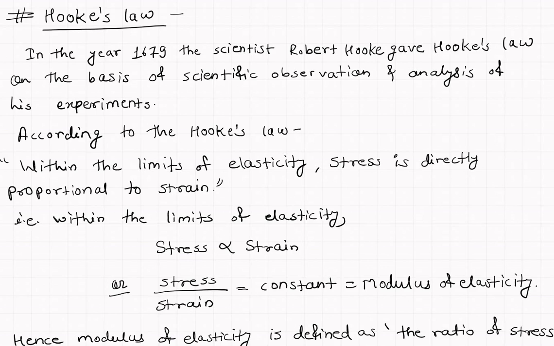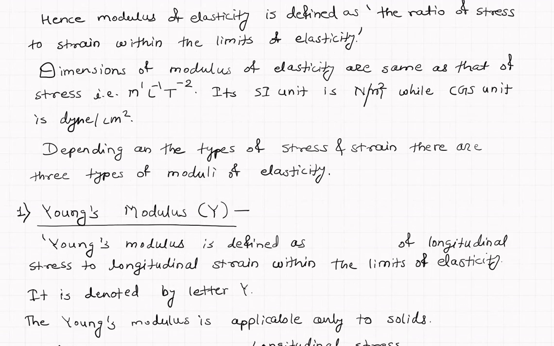According to Hooke's law, within the limits of elasticity, stress is directly proportional to strain, or stress divided by strain is equal to a constant. That constant is called the modulus of elasticity. Hence, modulus of elasticity is defined as the ratio of stress to strain within the limits of elasticity.